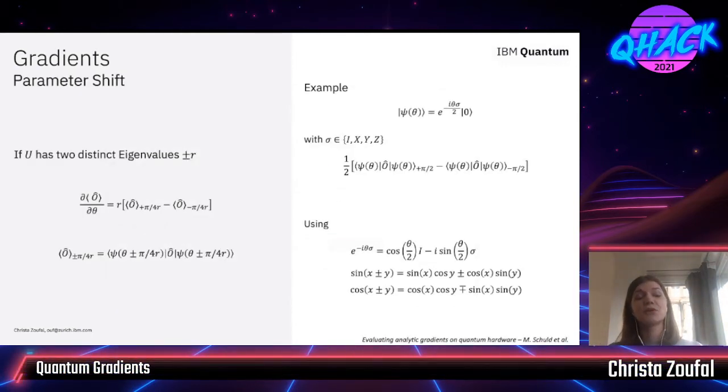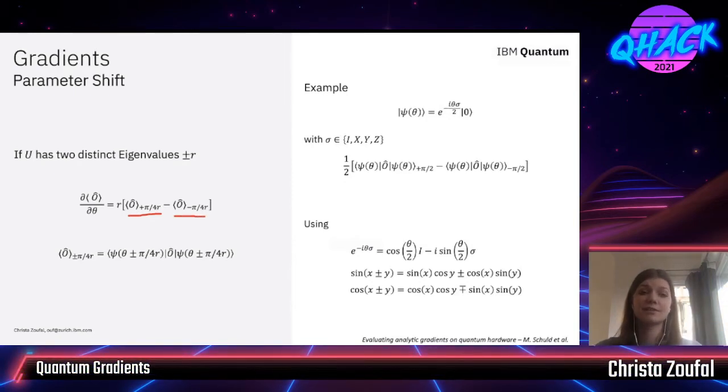Okay, so the first gradient type that I'd like to talk about are parameter shifts. So suppose your unitary, which prepares your state, has 2 distinct eigenvalues ±r. Now, what we can do is compute this expectation value once when we shift our parameters by plus π divided by 4r, and once by minus this factor.